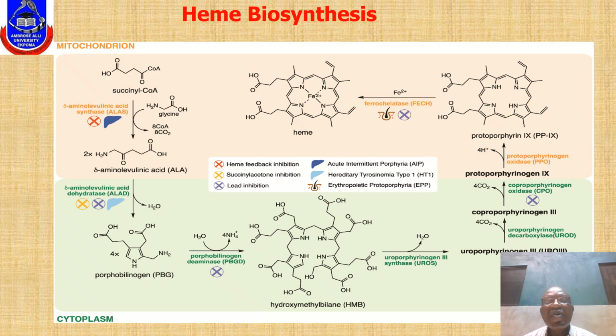Fifth step is the formation of coproporphyrinogen 3, and the enzyme responsible is uroporphyrinogen decarboxylase. Now, the sixth step is the formation of protoporphyrinogen 9, and the enzyme is coproporphyrinogen oxidase.